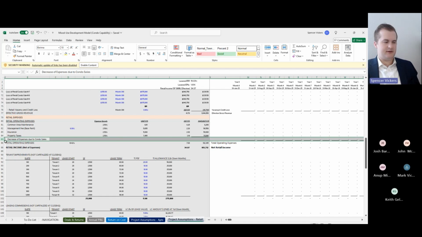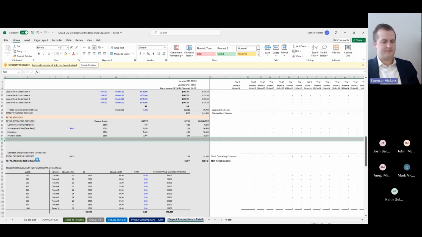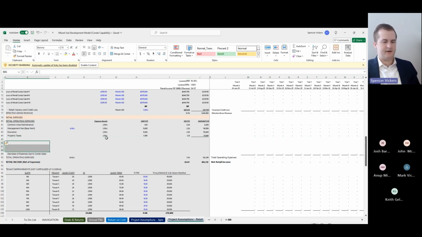So you would just highlight a row, come in here, insert a bunch of rows. The shortcut for that is Control Shift plus, and then you would insert your operating expense here, the expense growth, drag all this down, and then drag the related formulas down, and it would include more expenses for you. Same thing with the income items above.